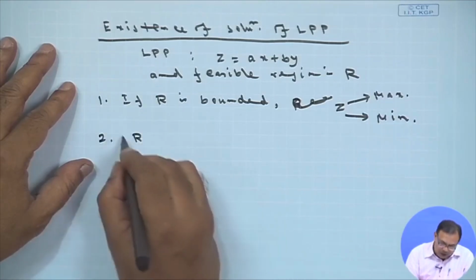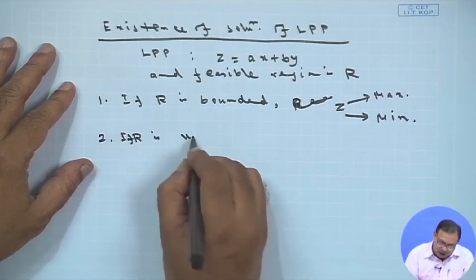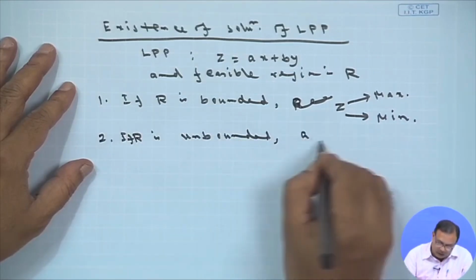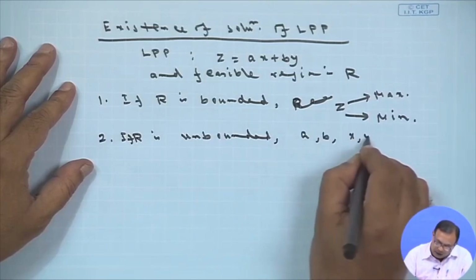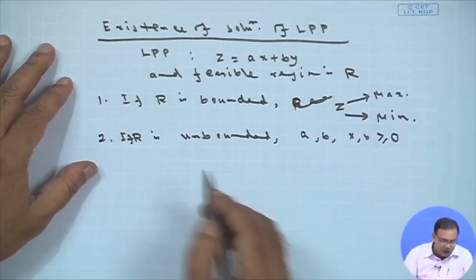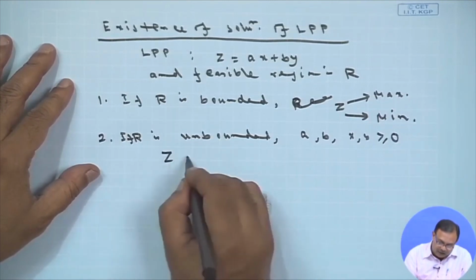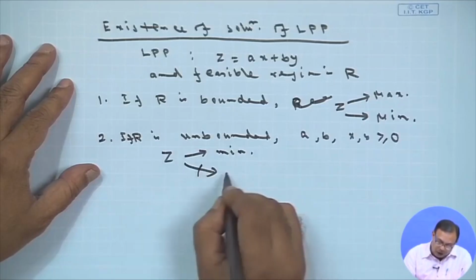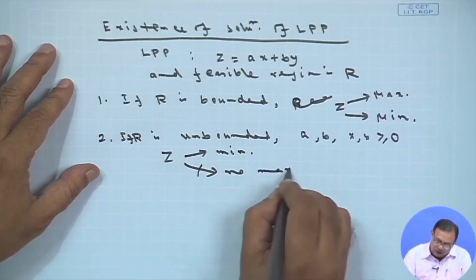Now, if R is unbounded, where A, B, X and Y are all greater than or equal to 0, then Z has a minimum value but no maximum value. Please note this one.